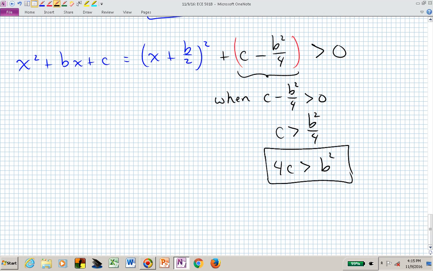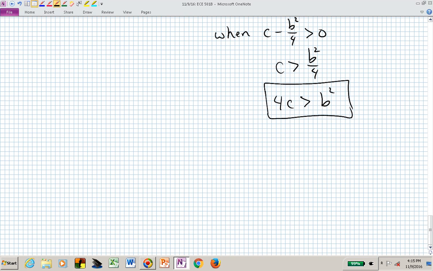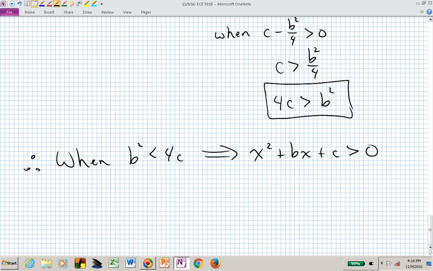Meaning if we now have 4c greater than b squared, we can invert x squared plus bx plus c. Or it remains bigger than 0. Therefore, when b squared is less than 4c, that allows us to say that x squared plus bx plus c is greater than 0.